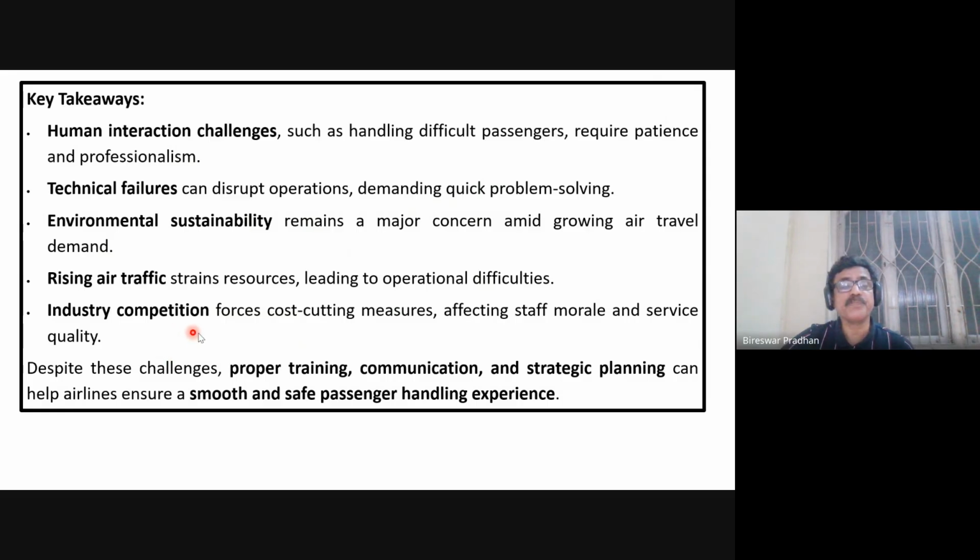Industry competition forces cost-cutting measures, affecting staff morale and service quality. Despite these challenges, proper training, communication, and strategic planning can help airlines ensure a smooth and safe passenger handling experience.